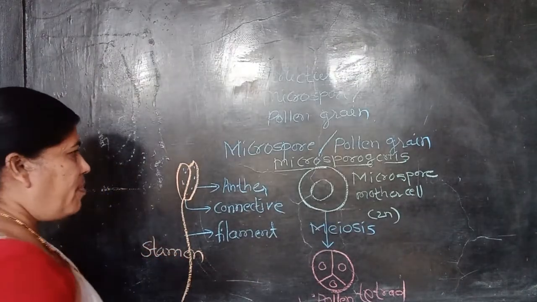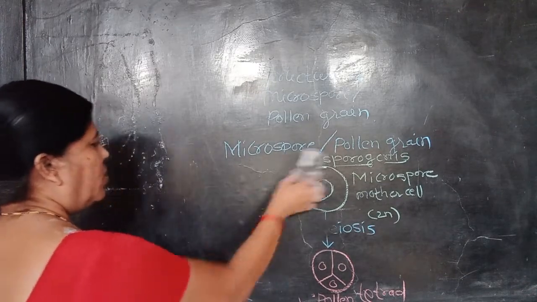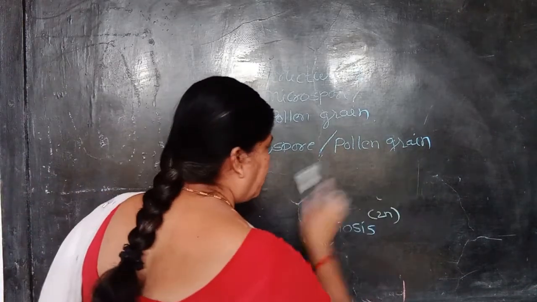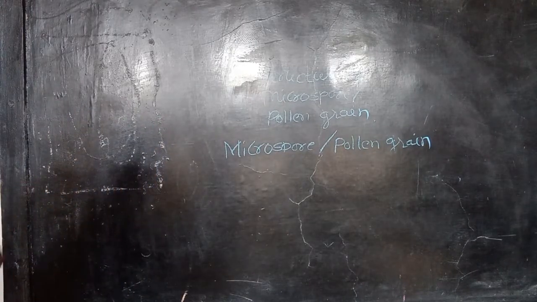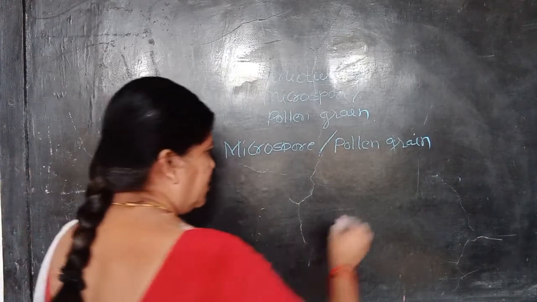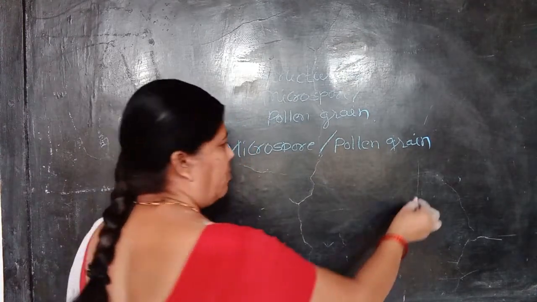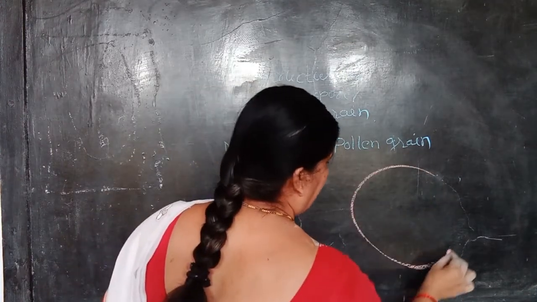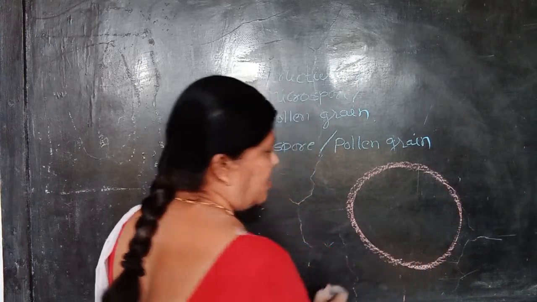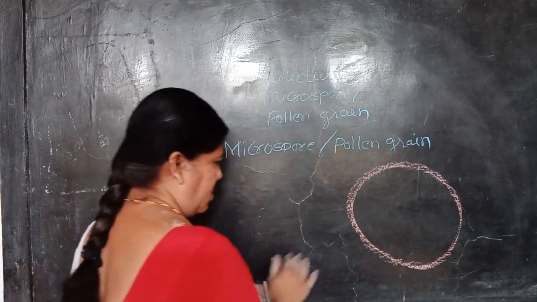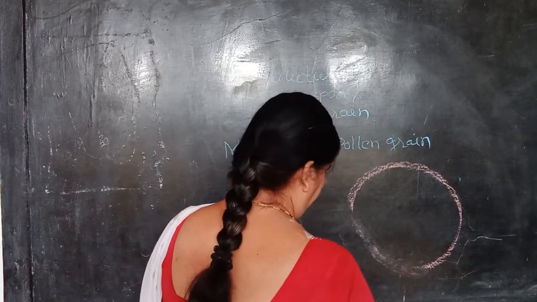So our topic is structure of pollen grain or structure of microspore. First of all, we will draw a diagram of pollen grain. Each pollen grain is spherical in shape.